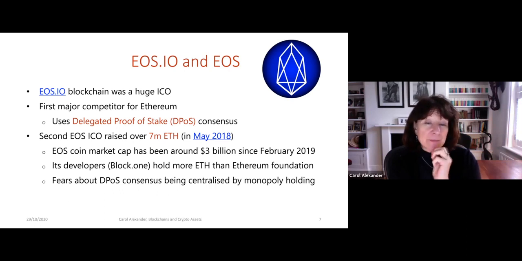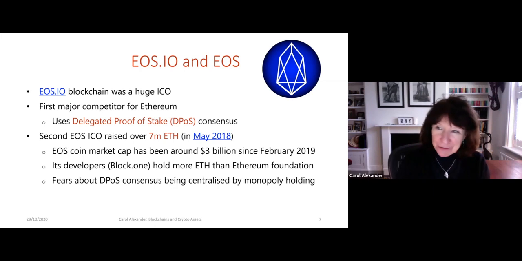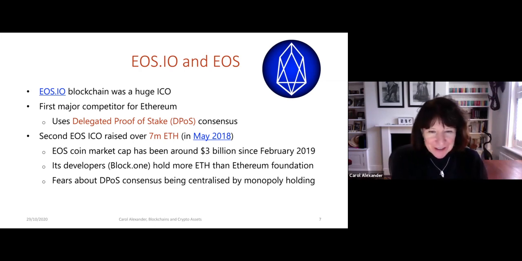Anyway, it's all about cryptography and consensus algorithms, and it's more a computer science subject than this module can deal with. The second EOS ICO raised over 7 million Ether in May 2018.